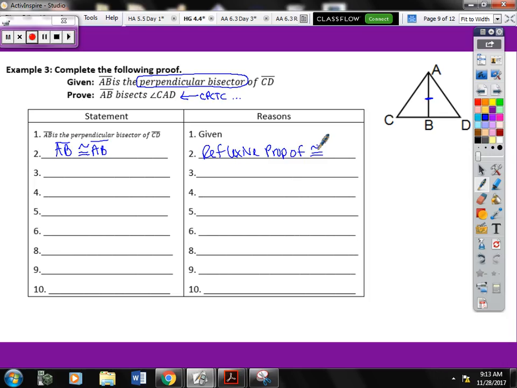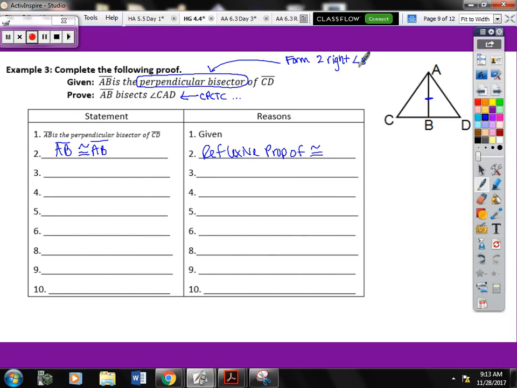Now, who remembers what a perpendicular bisector does? What does a perpendicular bisector do? Marquise? The other two triangles, two right angles. Good. It'll form right angles. And what else? Because that's just the perpendicular part.